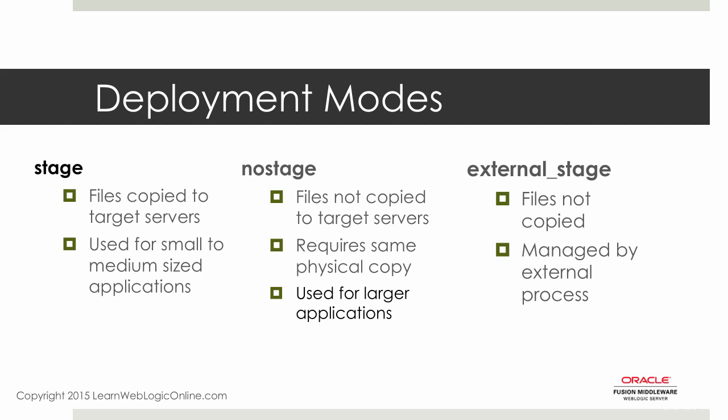However, WebLogic has a hand in managing applications that are deployed using no stage, whereas in external stage, it's entirely up to you or the administrator or some third-party process to manage those deployment files, so the target servers have access to them. So this could be a Chef script, this could be some Hudson automation or Maven or what have you, but some process that can push the files out to a staging area.